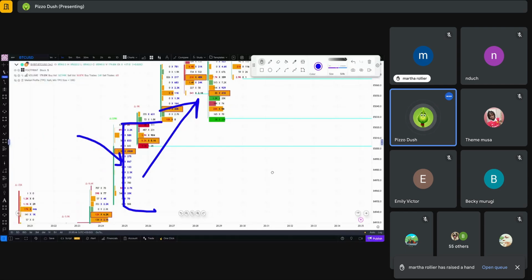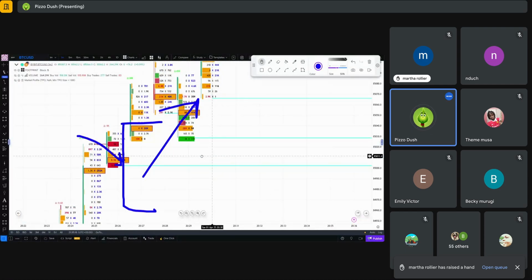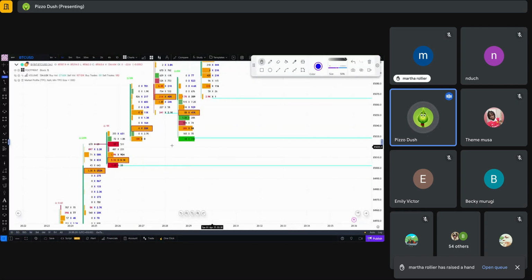Okay. So as I was saying, we said more ask volume than bid volume means there are aggressive buyers. So anytime you see a lot of volume on the right side, it means there are aggressive buyers.